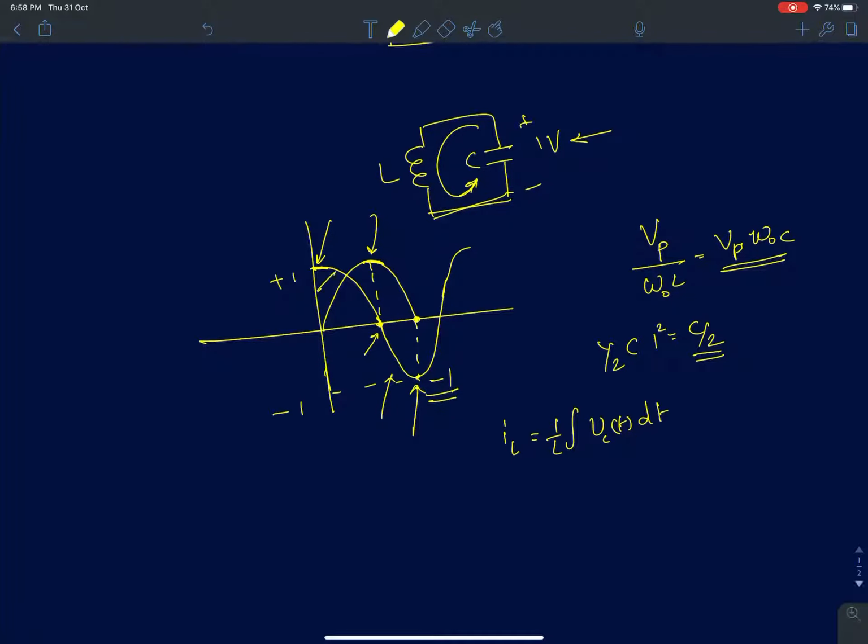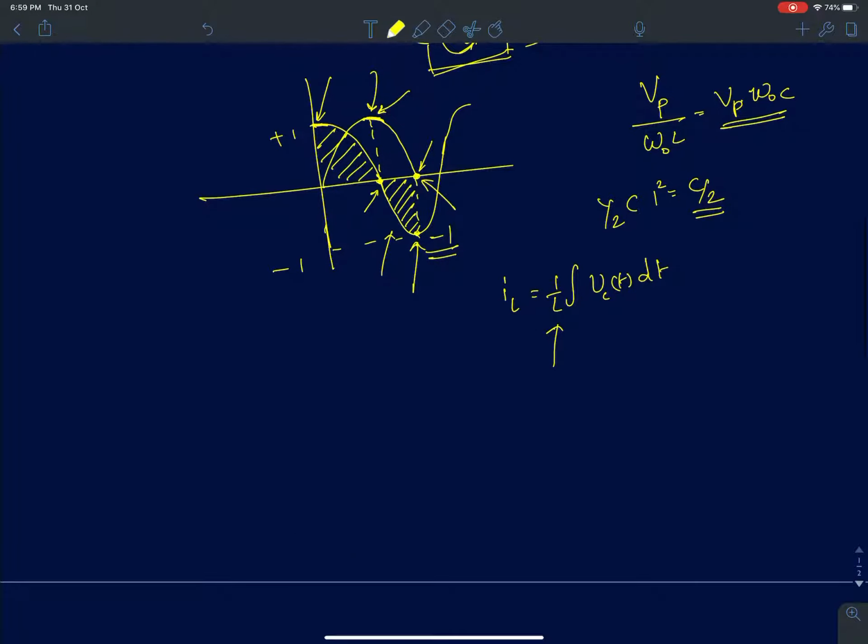So if I integrate the positive half cycle of the voltage waveform, with the scaling factor of 1 by L, I get the peak value of the current. Similarly, for the current at this point, I'll have to integrate the voltage waveform in this half cycle. Since the area under the integral will be the same, the current will also go to 0. That's another way of looking at it.